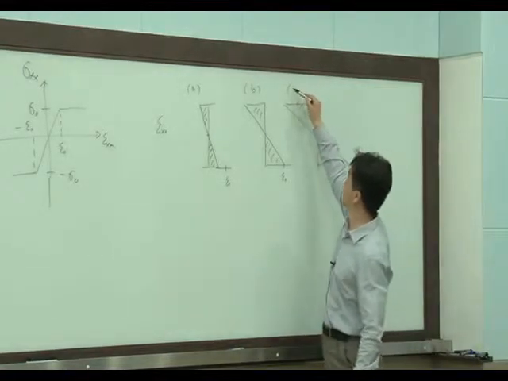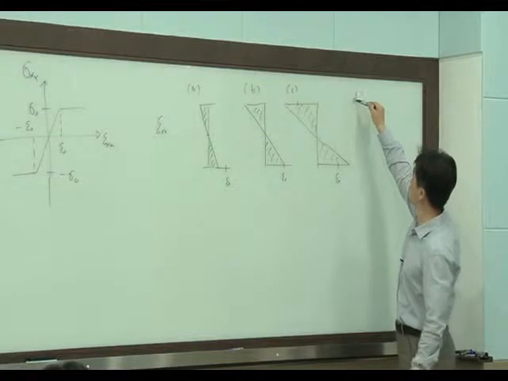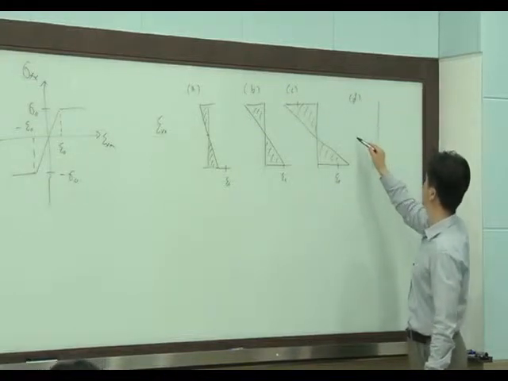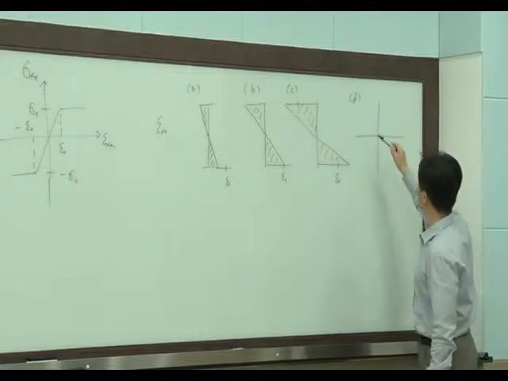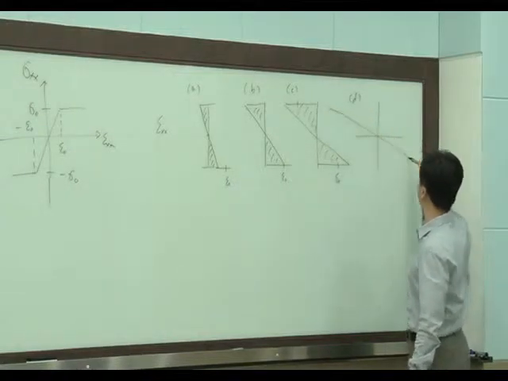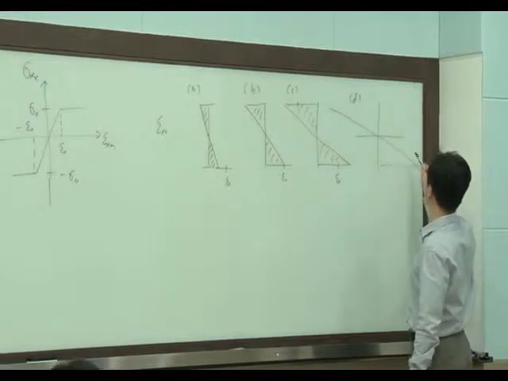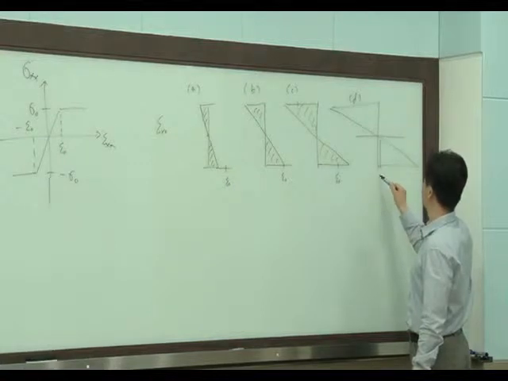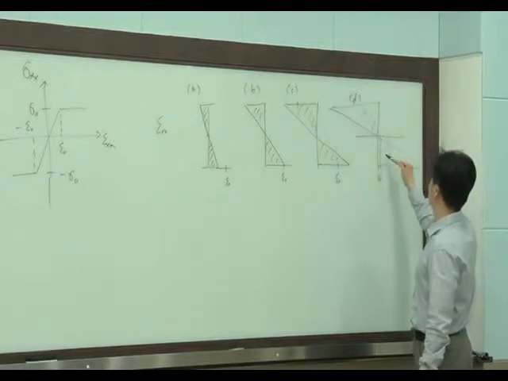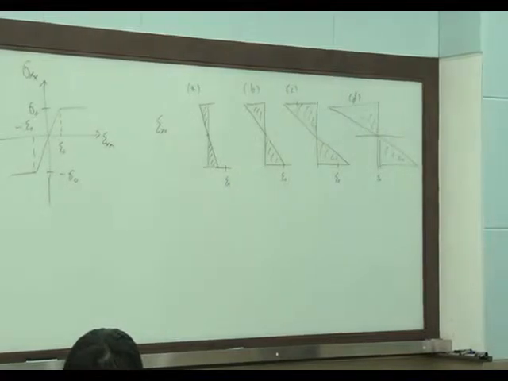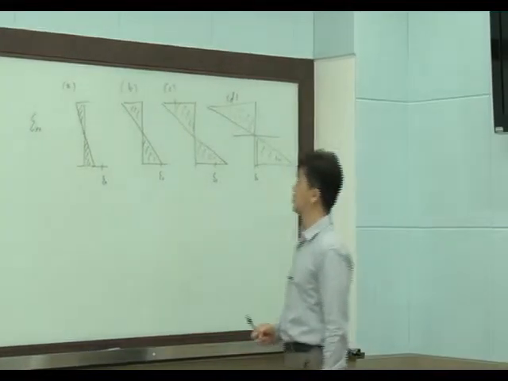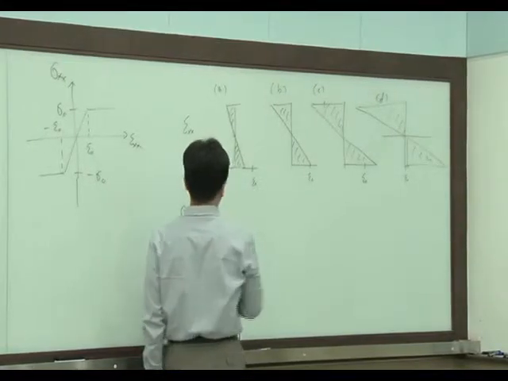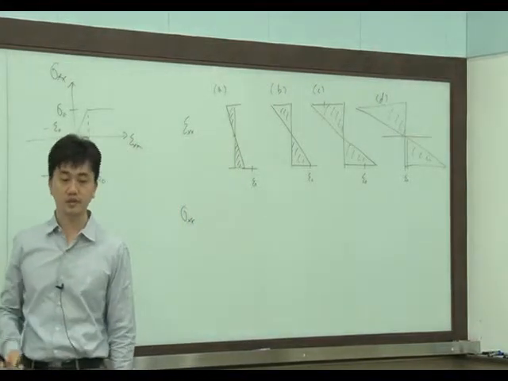Let's say this is C and D, the last case. Okay, really, really big strain, almost here E0. So now I'd like to consider these four cases. Then I can calculate the corresponding stress distribution.